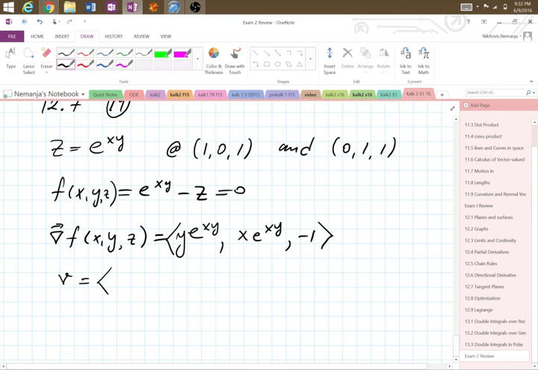So we do it at the point 1, 0, 1. Plug in y equals 0, that kills it. Plug in x equals 1, and then you have negative 1. There we go. All good?